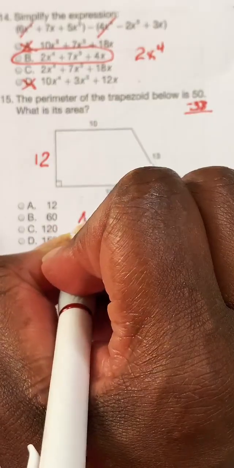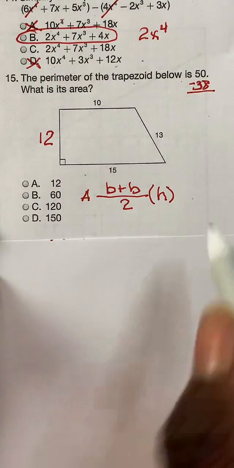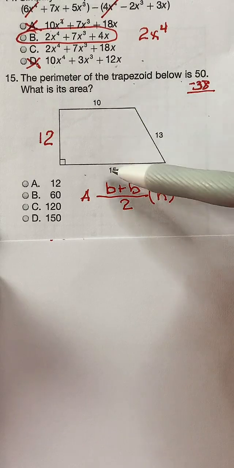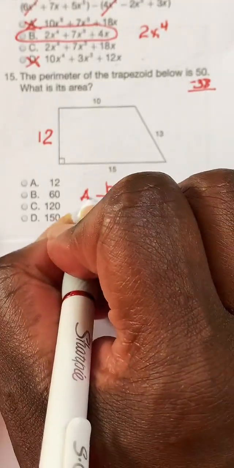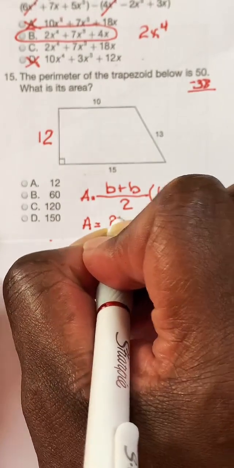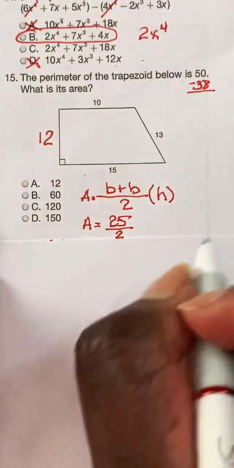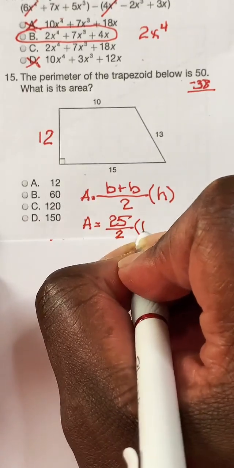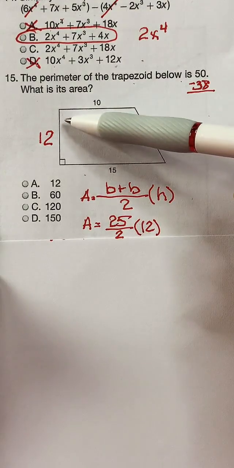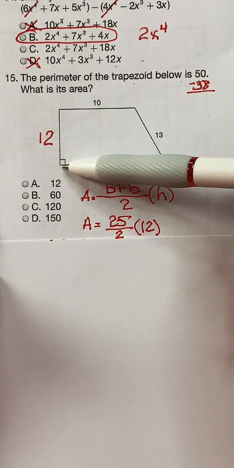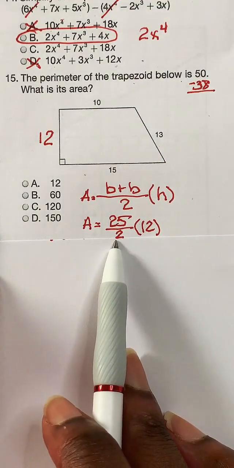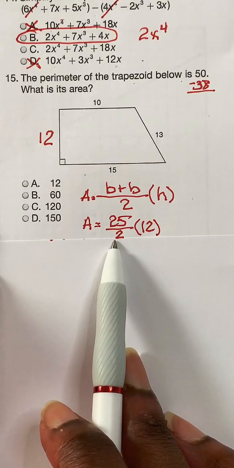Our two bases are your 10 and your 15, and we already said both of those give me 25, times our height, which is 12. That's why we needed this side, because that's going to be the height of my trapezoid. So now we could divide 25 by 2. You're going to get a decimal. It's going to be fun.